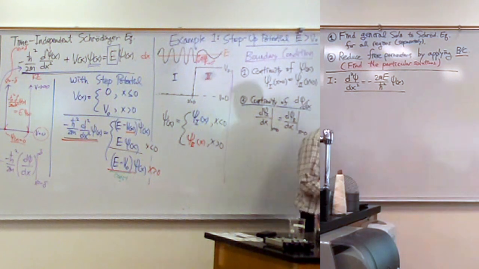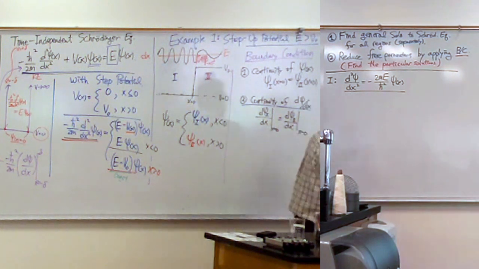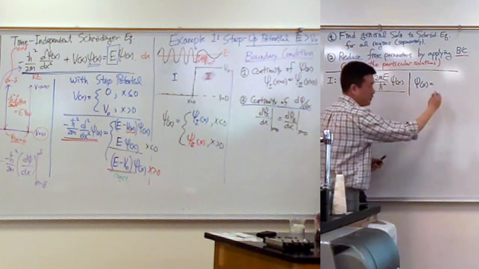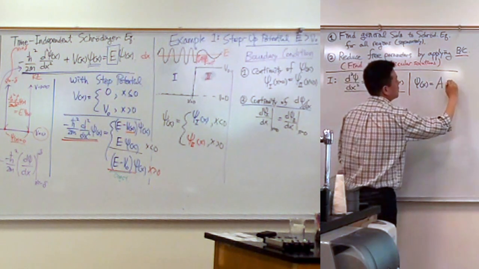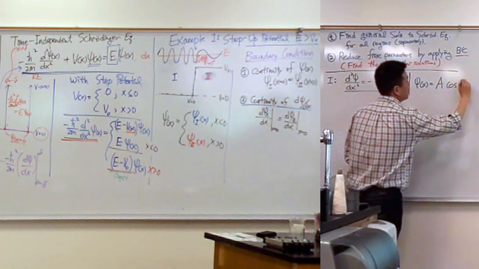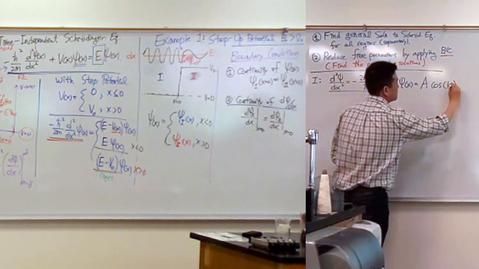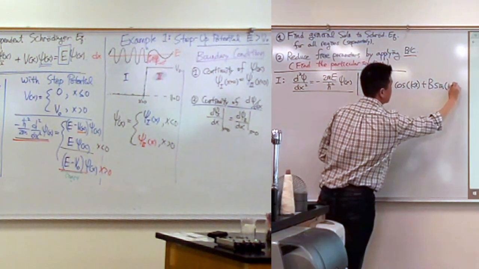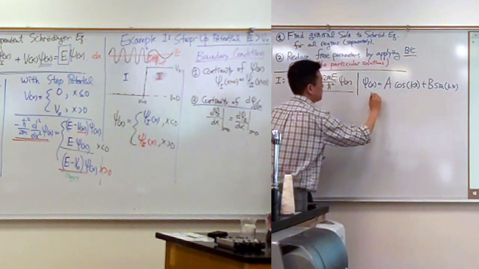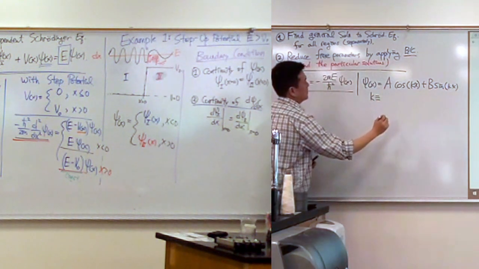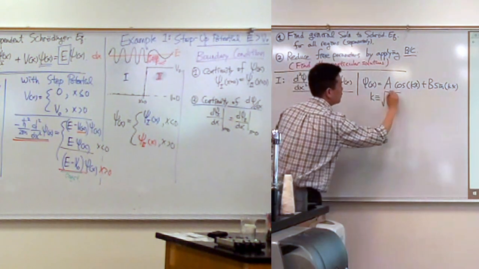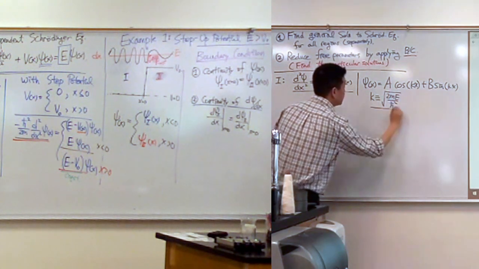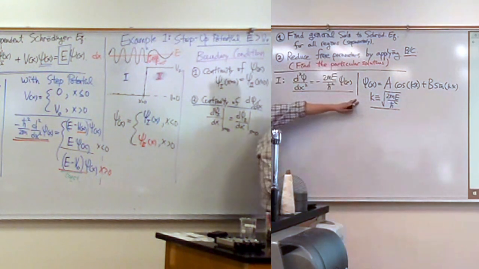So it's easy for you to say, oh, then my solution is psi of x is, in general, A cosine of kx plus B sine of kx, where k is defined as the square root of 2mE over h bar squared. It's easy for you to say that.